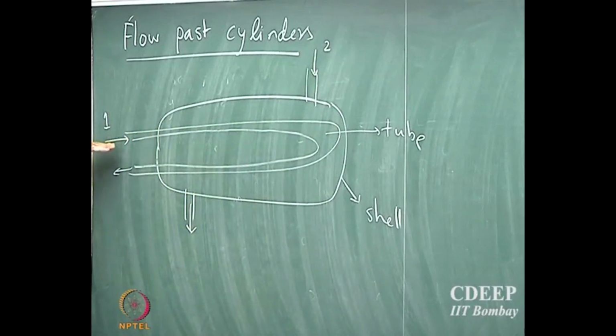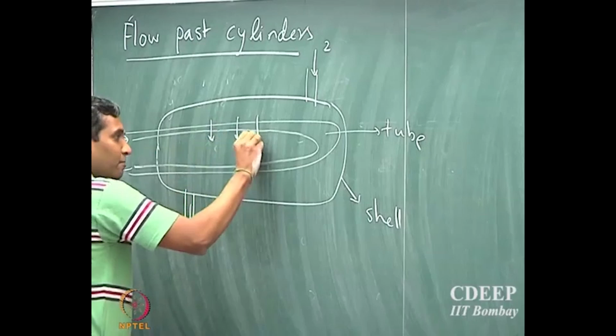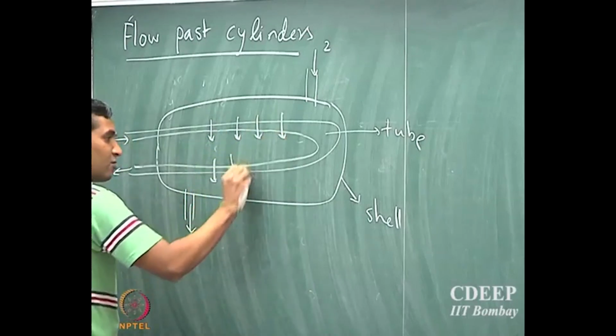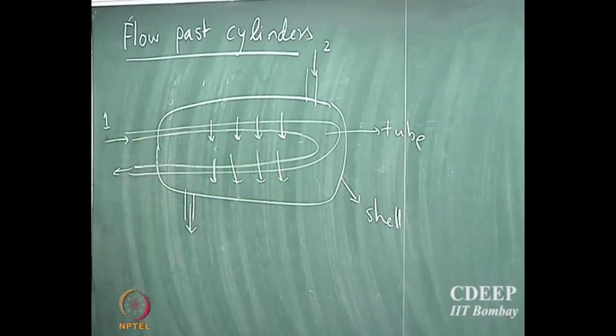Now, it could be that fluid 1 is a hot fluid and fluid 2 is a cold fluid. So there is heat exchange between fluid 1 and fluid 2 as it goes through this shell and tube heat exchanger. So therefore, you can see the fluid 2 is actually flowing past these circular geometries, and so it's important to understand how to find heat transport coefficient when a fluid is actually flowing past a circular object or a cylinder, okay.